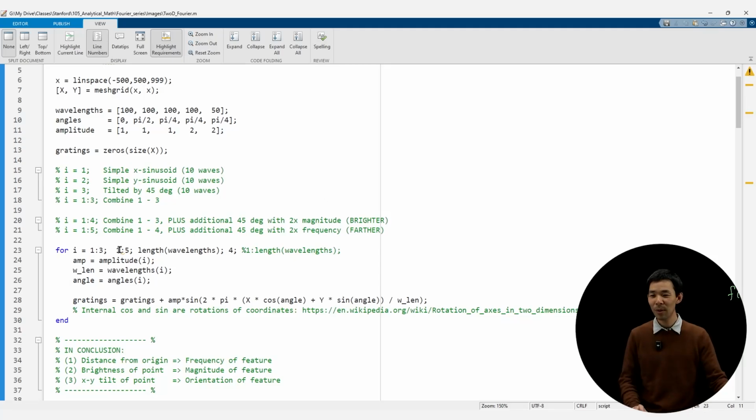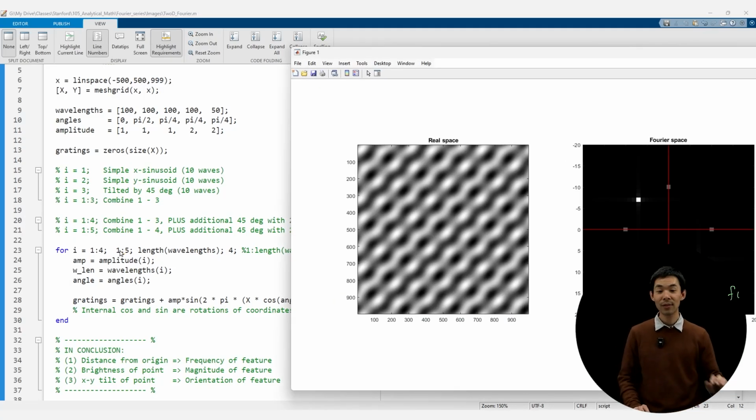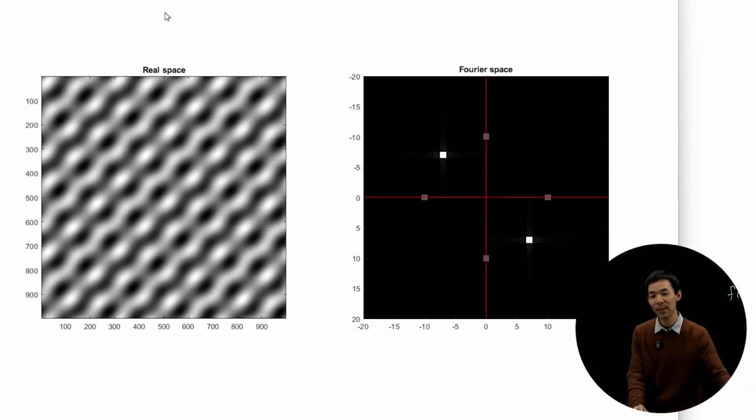Now, let me do one more thing. I'm going to take those patterns but add to that another curve on top of that, where now what I've done here is take the same horizontal frequency of 10, vertical frequency of 10, but just added in there a -45 wave that is twice the amplitude of the horizontal wave and the vertical wave.